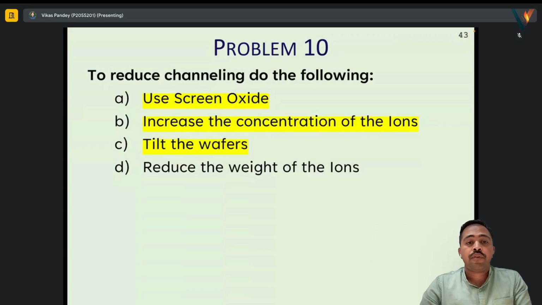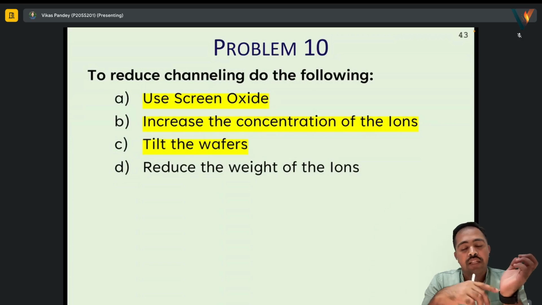Okay, so to reduce channeling, we use screen oxide, we tilt the wafer, as well as we increase the concentration of the ion. Increasing the concentration of the ion will reduce the channeling.